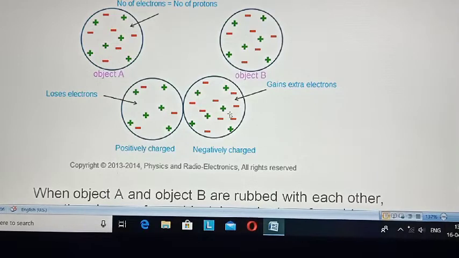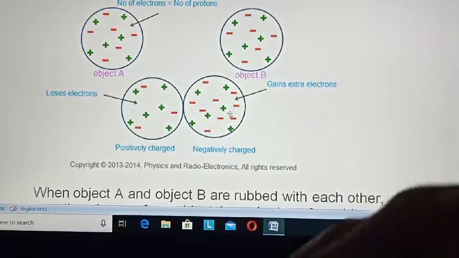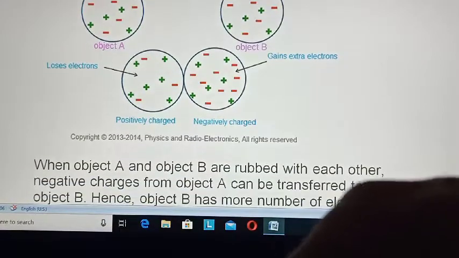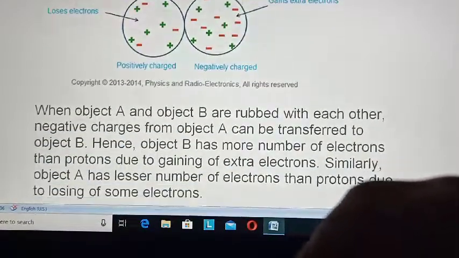In that also you can see that before rubbing both were neutral, glass and silk, and after rubbing one becomes positively charged, like glass becomes positively charged and silk becomes negatively charged by the same amount, such that total charge of the system is also 0. So this is what is conservation of charge.